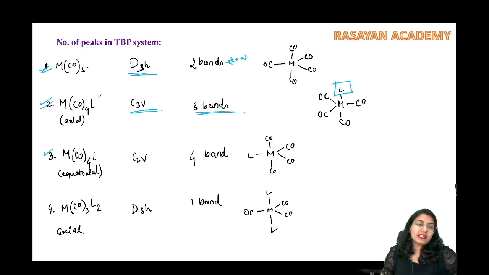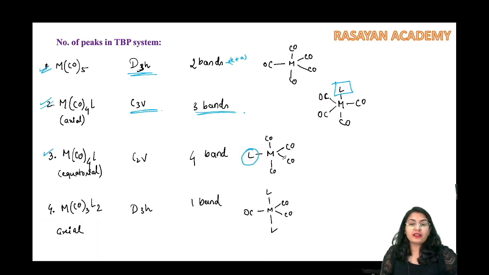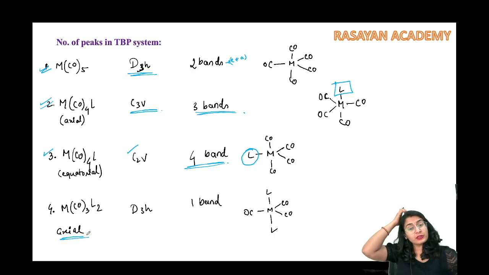The same ligand that I had on the axial is now put at the equatorial one. Then we will see how many different types of bands are present. 1, 2, 3, 4. It is actually giving you 4 bands, and C2V is the point group. What happens in C2V? The number of carbonyls equals the number of peaks. 4 carbonyls, 4 bands.